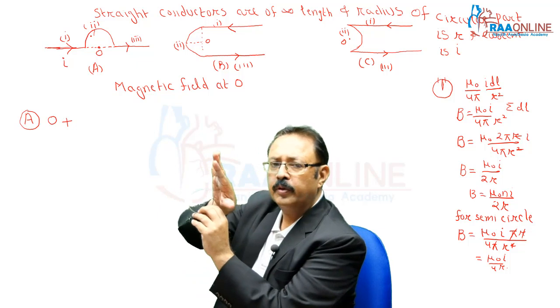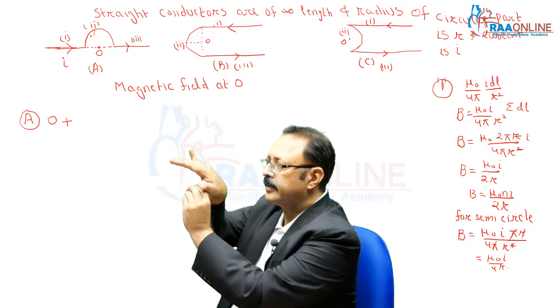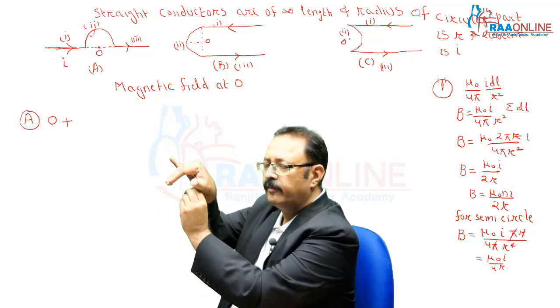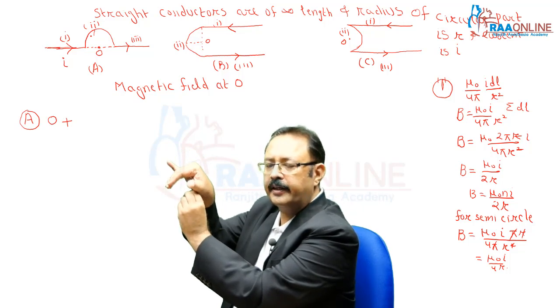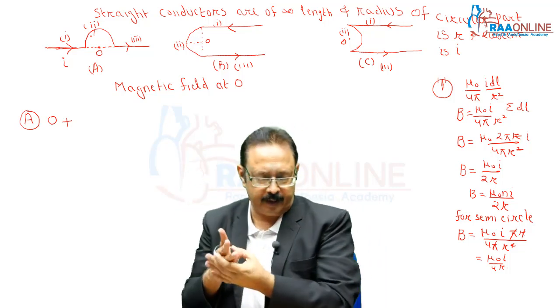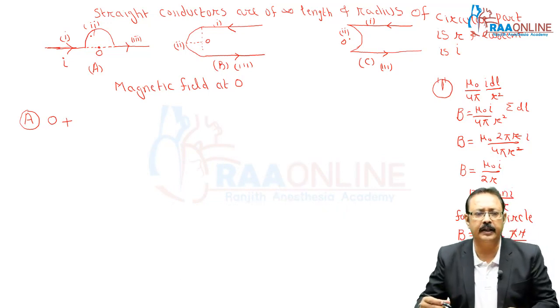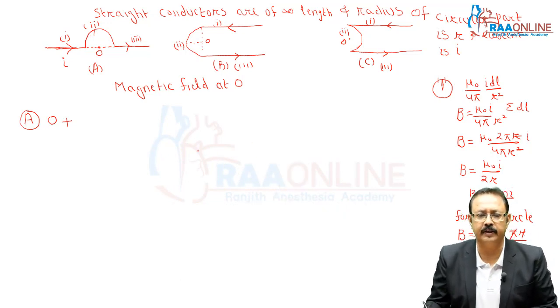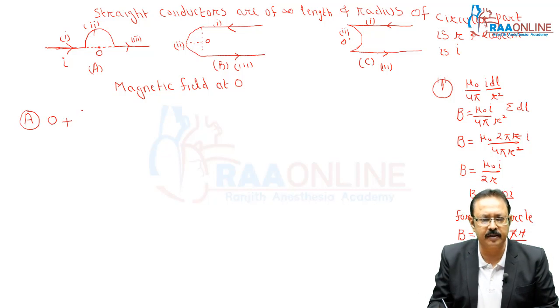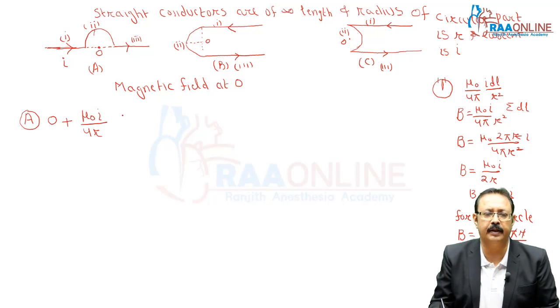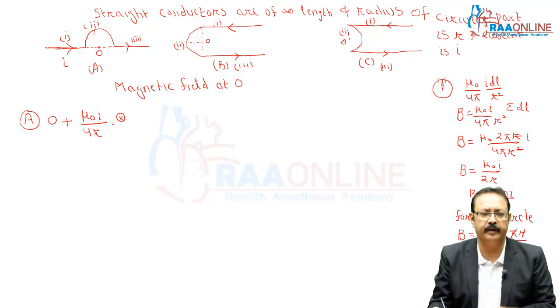What I told you: curl your fingers in the direction of current, and your thumb is indicating inside. It means the magnetic field is inward. The formula was mu naught I by 4r. For inward, we always use this symbol, which means into the paper.